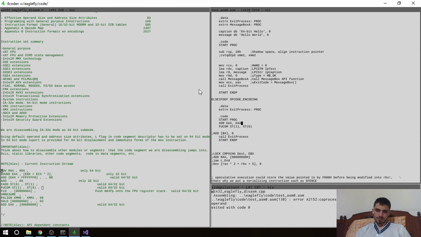Processor register cannot be first open. That's a little bit weird.